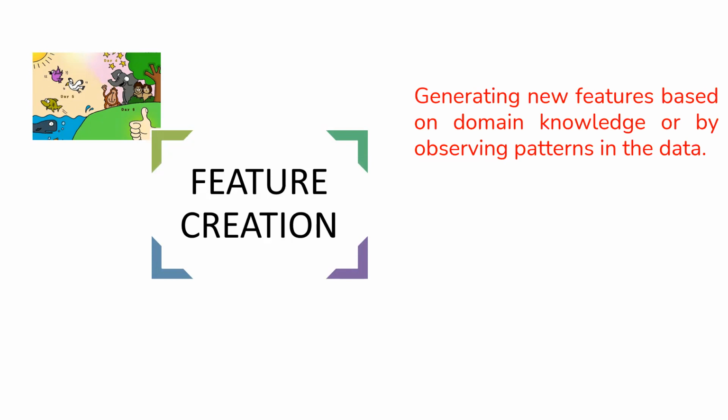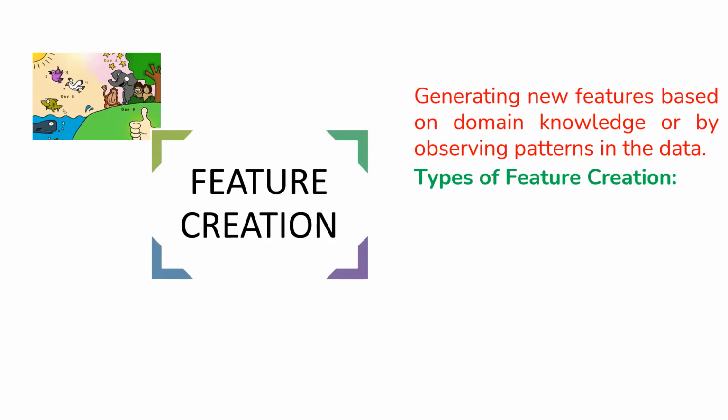This step is a form of feature engineering that can significantly improve the performance of a machine learning model. Now let's do a deep dive into the different types of feature creation.